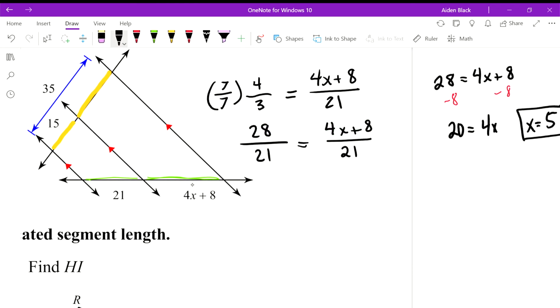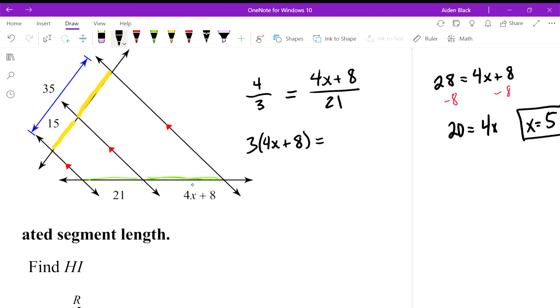If we didn't do that, we would have had to do this. 3 times 4x plus 8 is equal to 21 times 4. We'd have to calculate that.